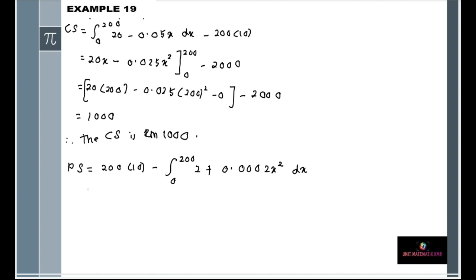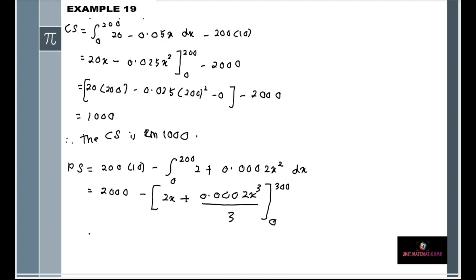Alright, so this one is 2000 minus, okay, 2x plus 0.0002x cubed over 3, evaluated at 300.